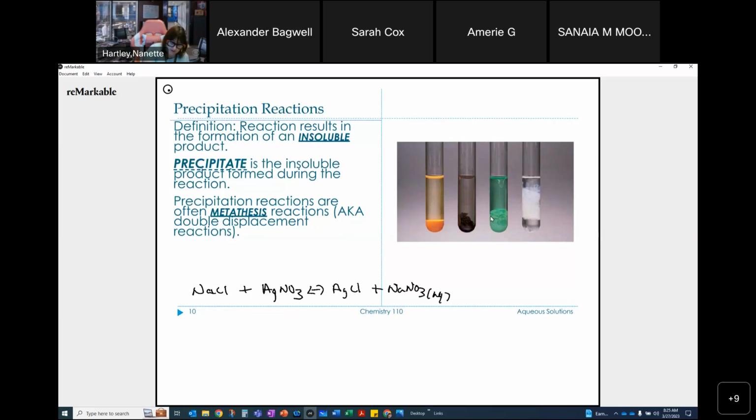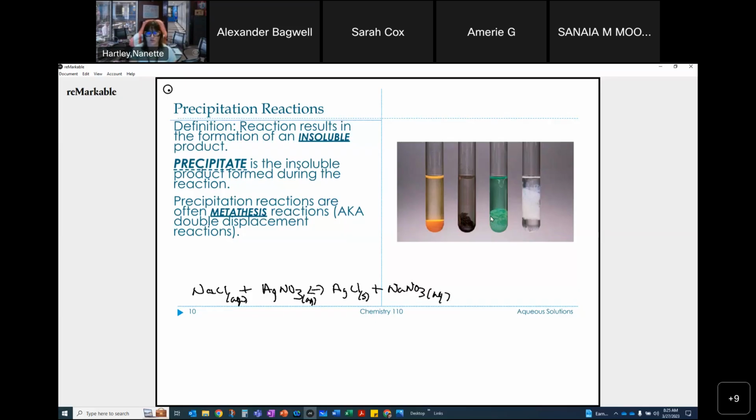This is aqueous, this is a solid, this is aqueous, and this is aqueous. Okay. So anything that's aqueous is dissolved in water. That AgCl is a solid that precipitates out. And so if I mix those things together, I will get that solid.